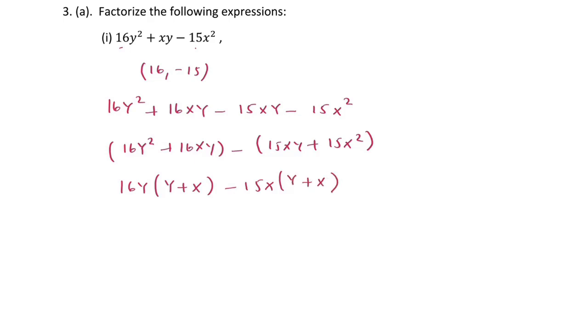Okay, so next we are going to factor out this one, y plus x, from the whole expression. Then we are having in brackets y plus x in brackets 16y minus 15x. And this is going to be our final expression.